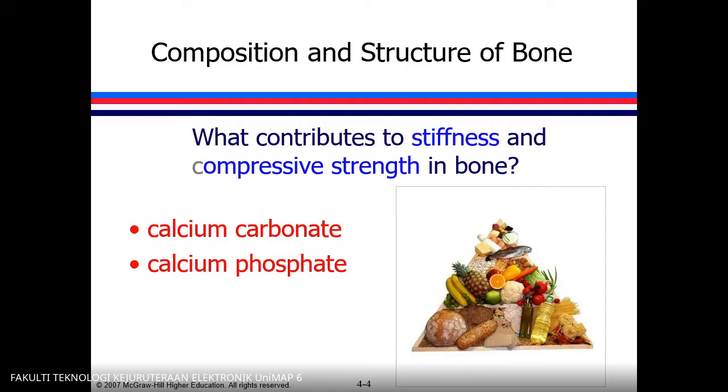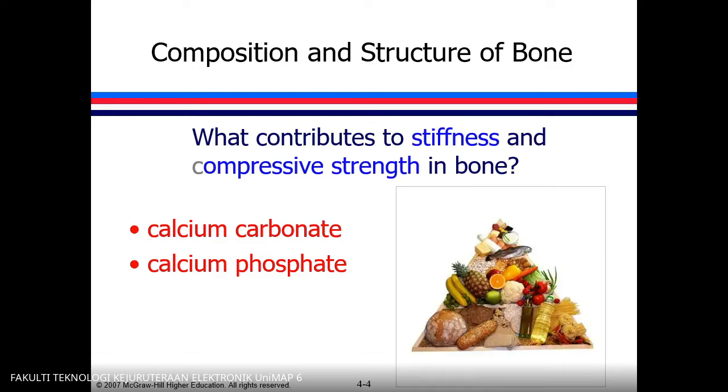If later in your quizzes, midterm test or final exam, maybe I will also ask, can you give a few examples of calcium carbonate that contribute to stiffness and compressive strength in bone? Can you also give some examples of calcium phosphate?